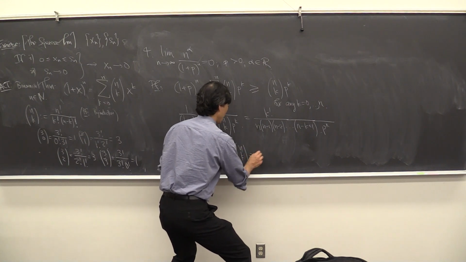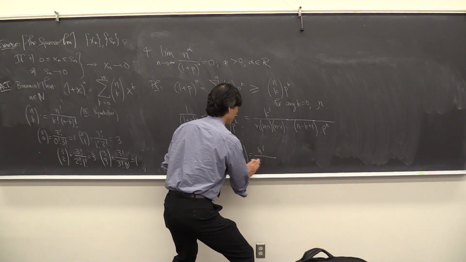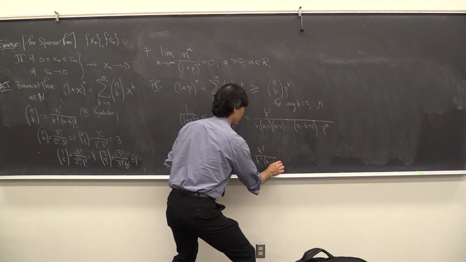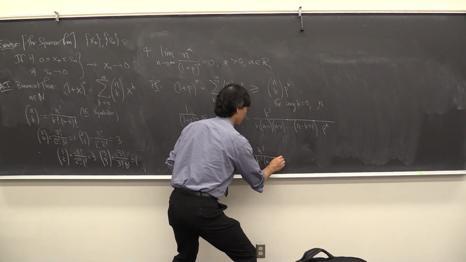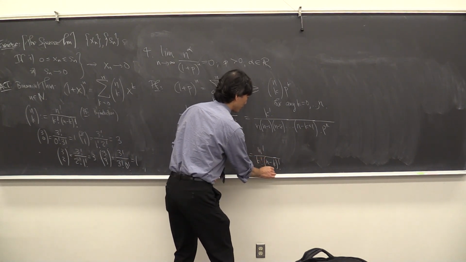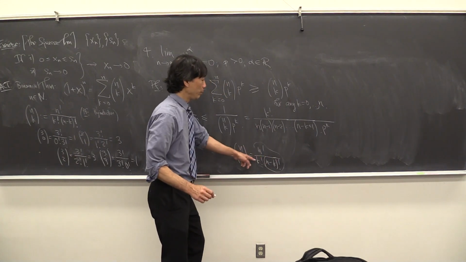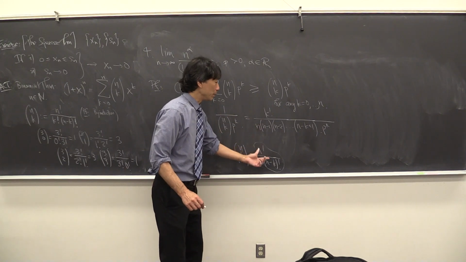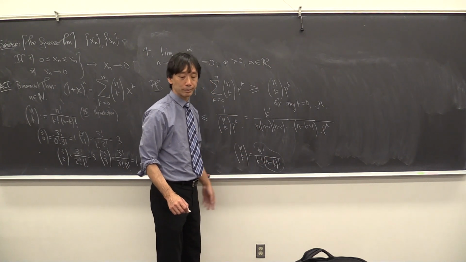Remember, n choose k is n factorial over k factorial times n minus k factorial. So all I've done here is, when I take the reciprocal, I'm putting the k factorial on the top, and then I'm doing some cancellation here.